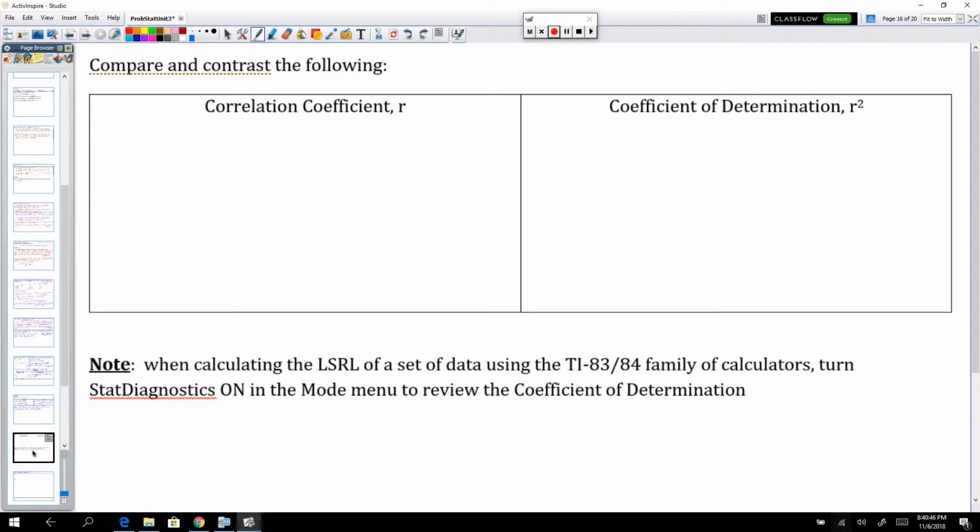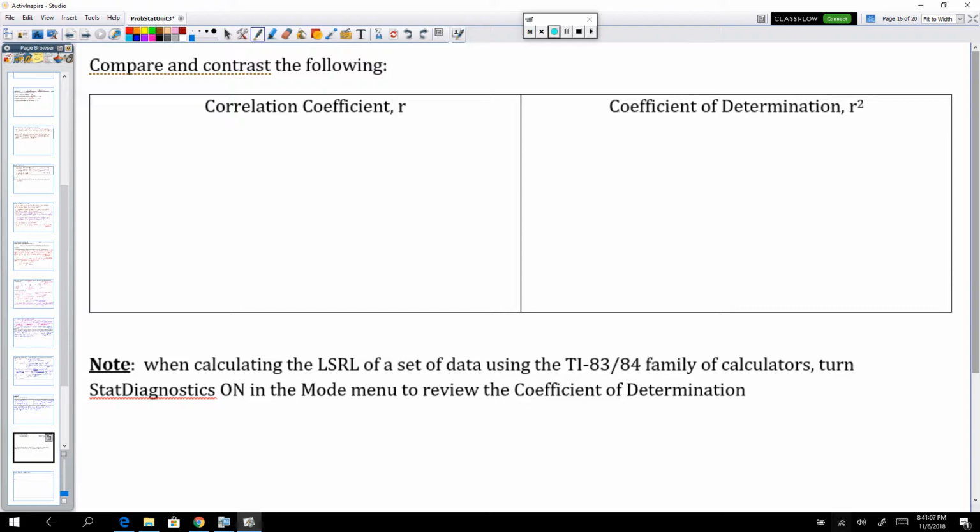Let's compare and contrast our last two pieces of vocabulary here, correlation coefficient, which we've talked about before, and coefficient of determination. Both of these things are things that your calculator will tell you about as you calculate these lines of best fit. So from the book or from your previous experience or even just from earlier lessons, we're going to compare these.